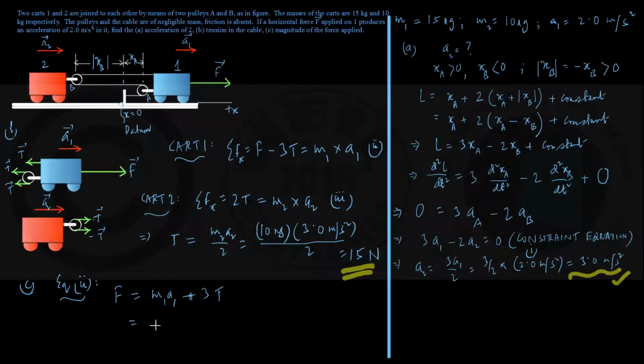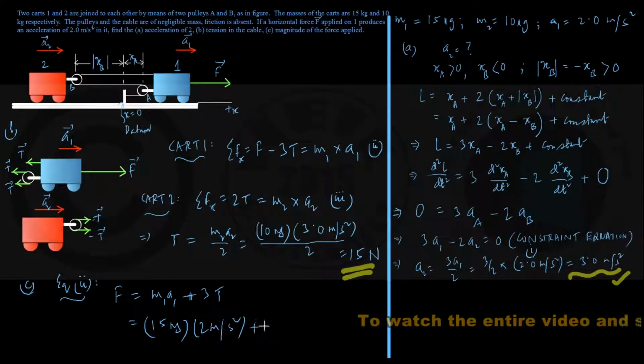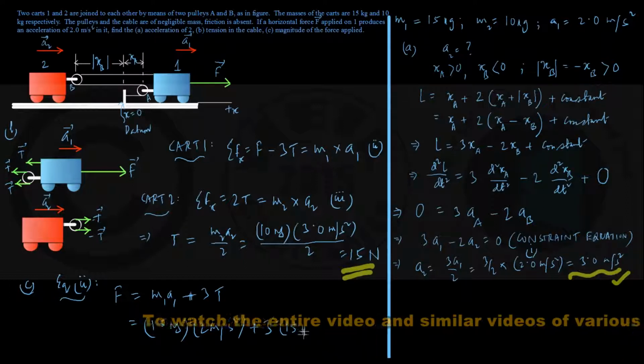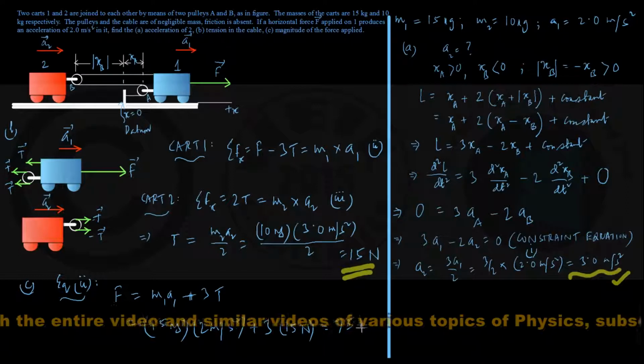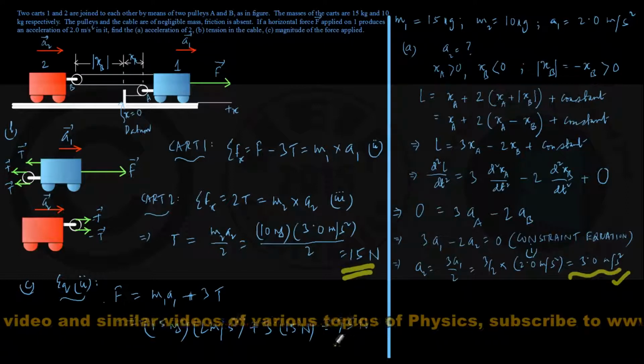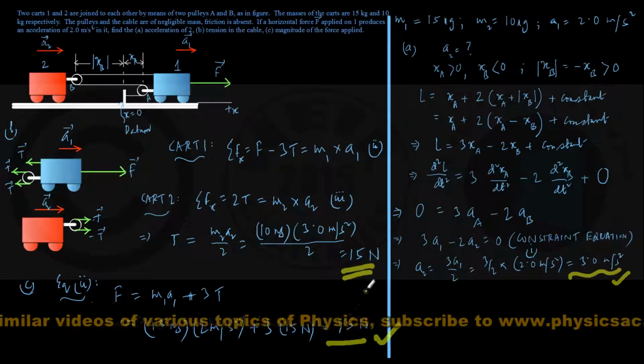Putting the values, m1 was known to be 15 kg, a1 was also given to be 2 meter per second square, plus the force of tension was just now found to be 15 Newton, and this is coming out to be 75 Newton. So this is the answer of part C of the question.